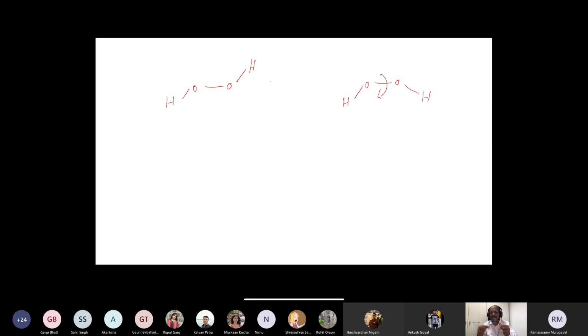Okay. You can see this molecule, right? Assume this is hydrogen peroxide. This bond is a fractional bond. You can pin my screen into your full screen so that you can see this better.